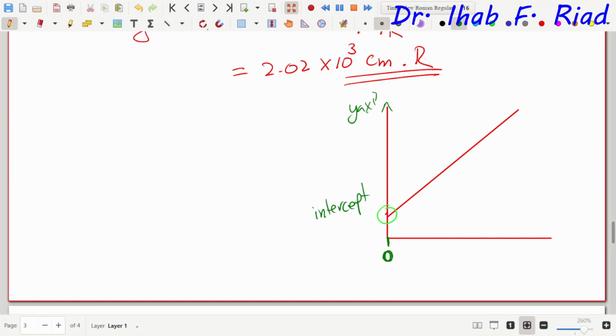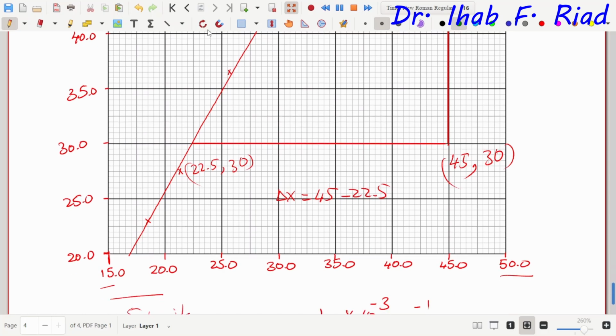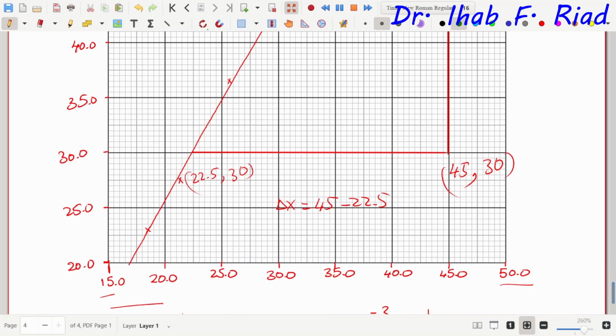So we cannot always take a reading of the intercept with the y-axis as the intercept if the x-axis doesn't start from 0. For our case, does the x-axis start from 0? No. So we cannot take the intercept with the y-axis as the intercept.